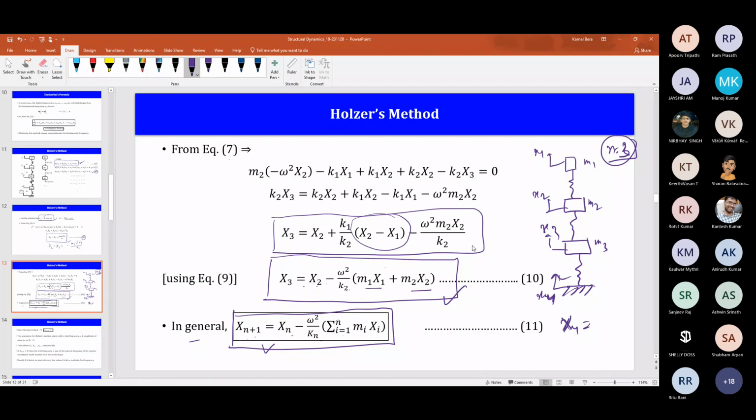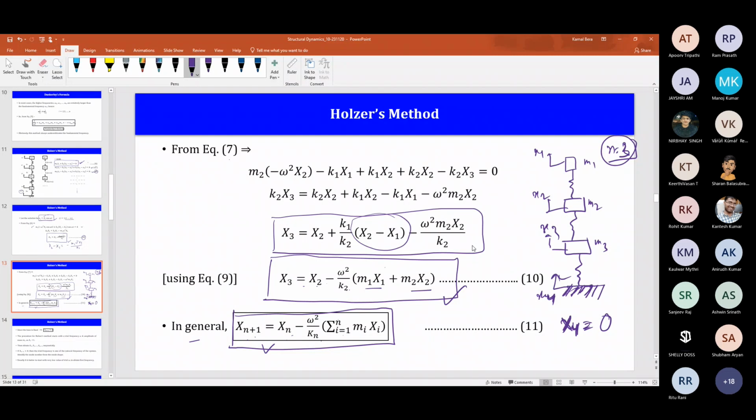Or capital X4. If x4 is 0, the amplitude is also 0. What is x4? x3 minus omega square by k3. No, that is fine, but x4 is what? Physically, x4 is what? Ground motion. That is 0, right? The ground is fixed here.